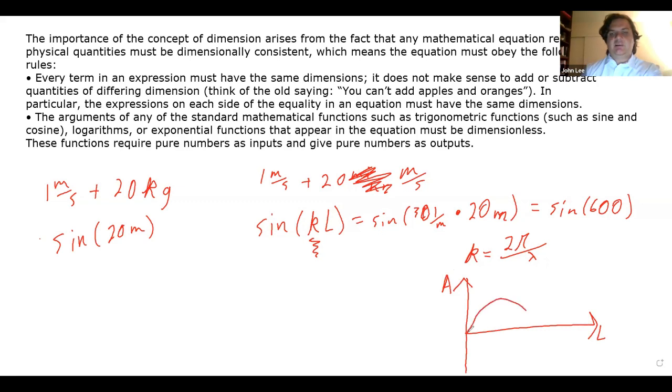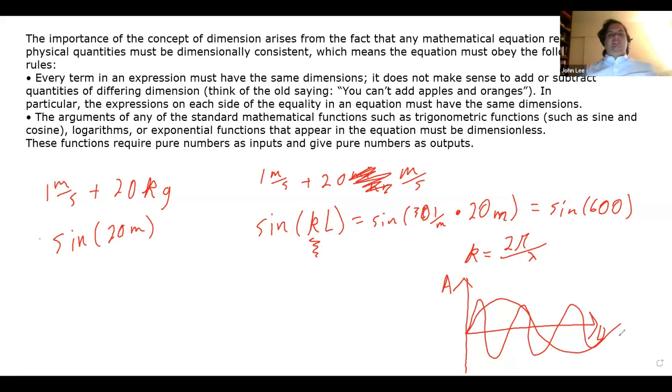So sine of something with long wavelength versus sine of something with a short wavelength. So it's just a property of the function that's going to tell you how it reacts versus this dimensionful quantity, even though it does have a dimensionless input.